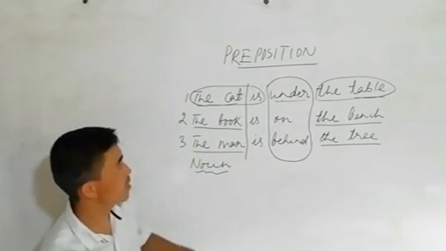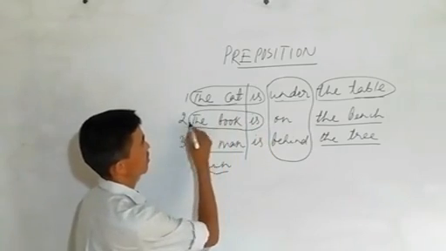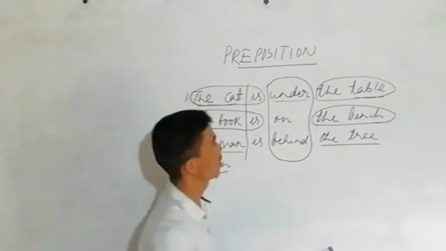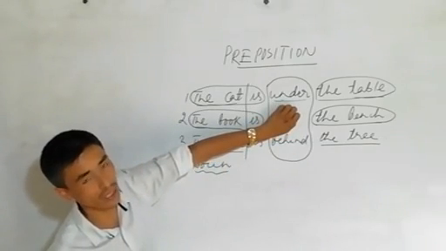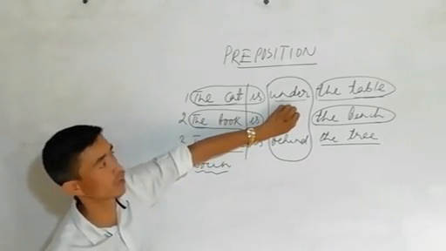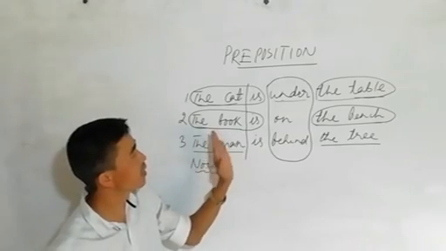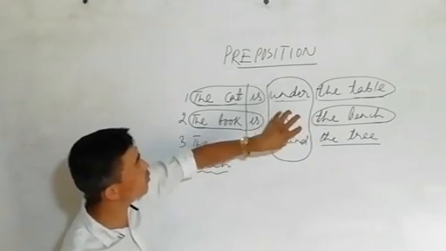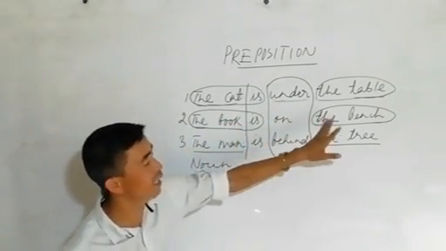Similarly, in sentence number two, the book is and bench. Without the word on, the book is bench is meaningless. We don't know anything about it. But once we add on, the book is connected to bench with on.